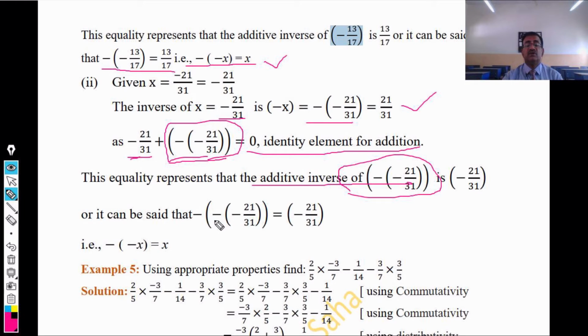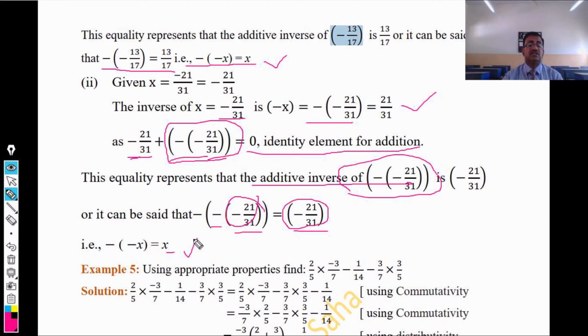Then minus of minus 21 by 31 is equal to minus 21 by 31, and this is equal to x. Okay, before x there are two minus signs given, and this is for x. Then write down x, that is proved, verified.